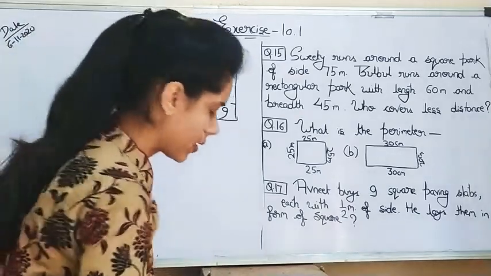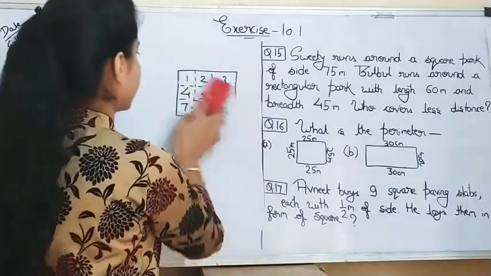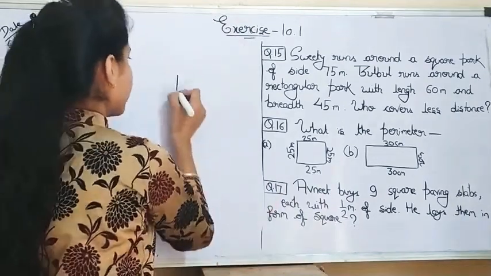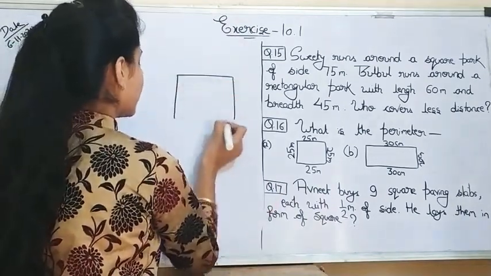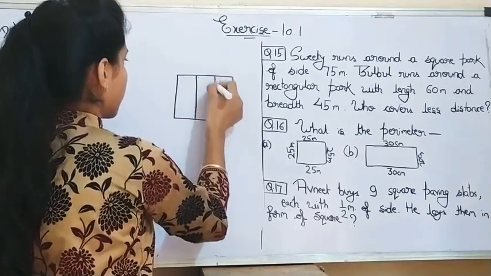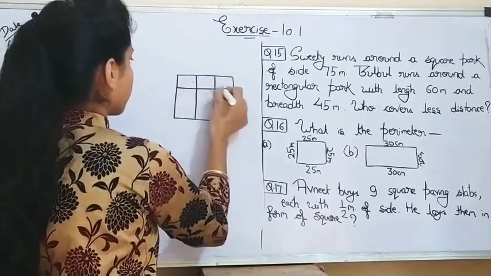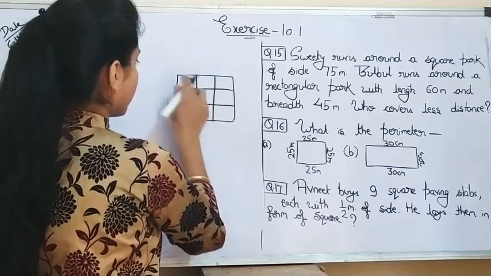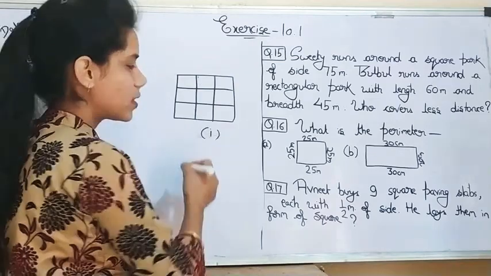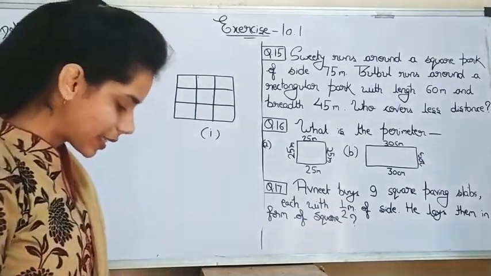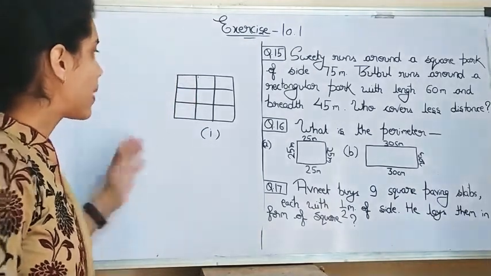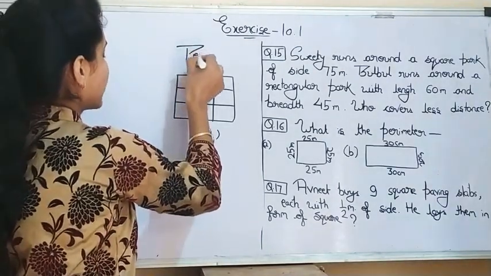Or if I make it again, see here, there are 9 paving slabs. This is the first part of this question. They are asking, what is the perimeter of this arrangement?